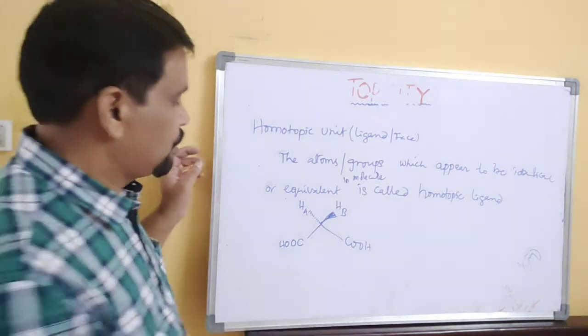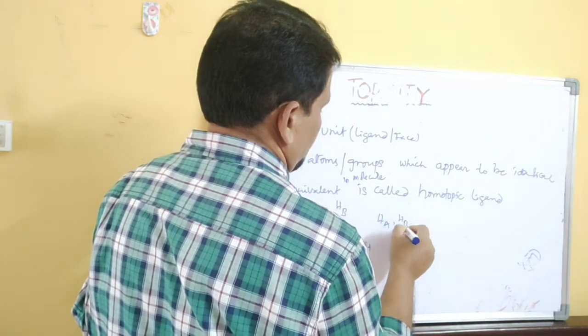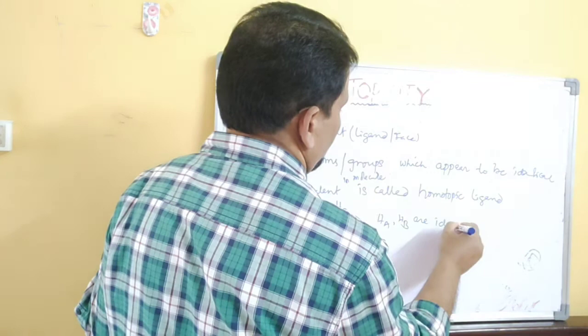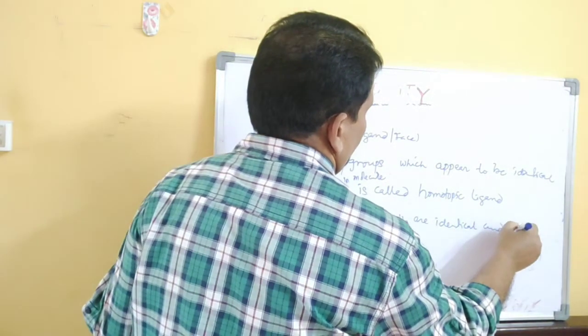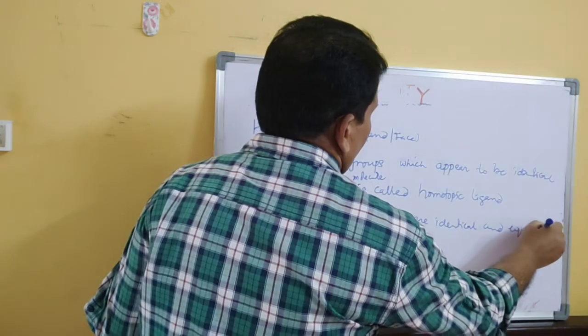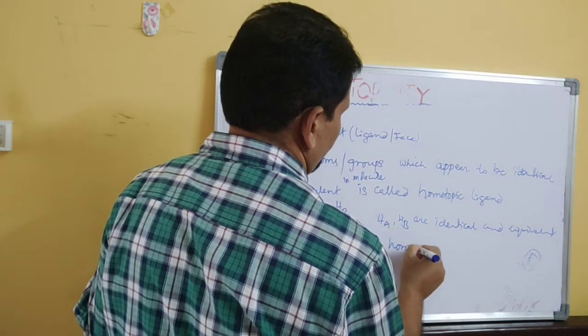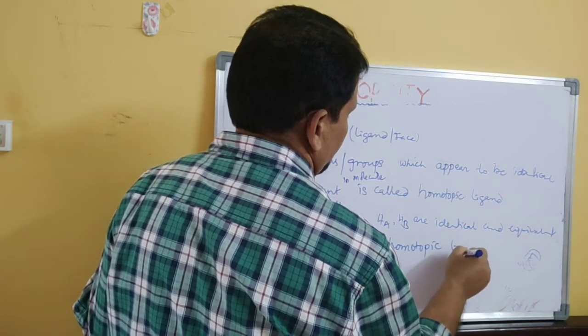Therefore HA and HB are identical and equivalent, and therefore they are homotopic ligands.